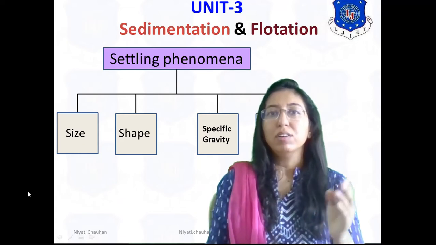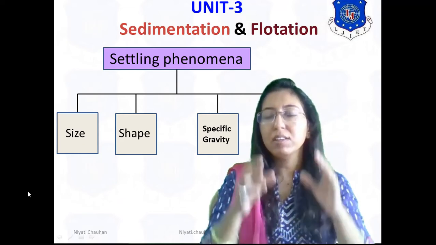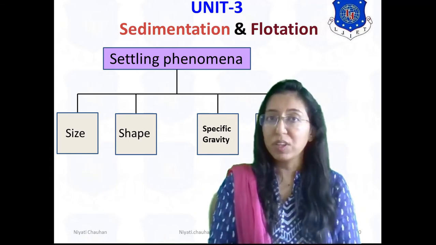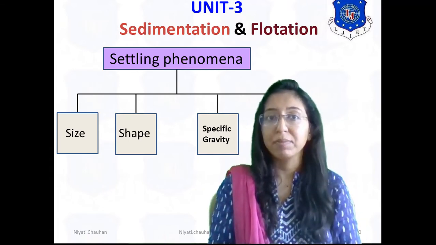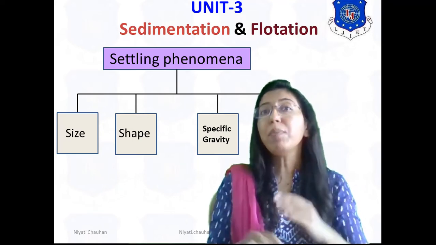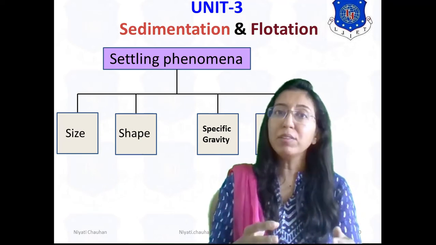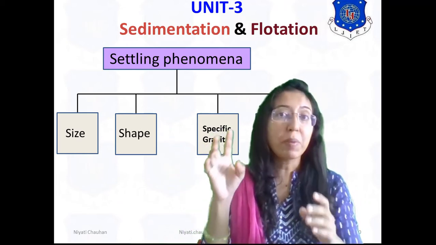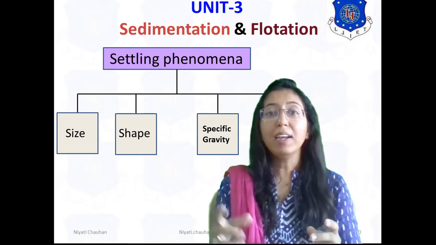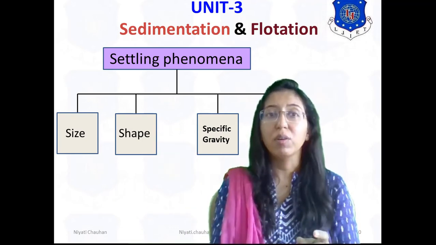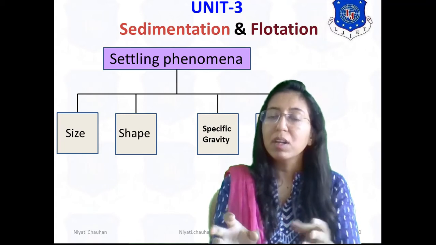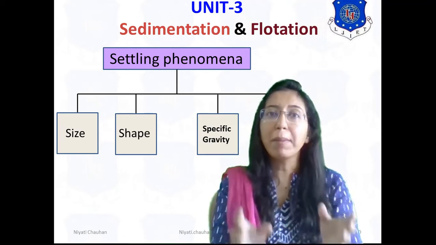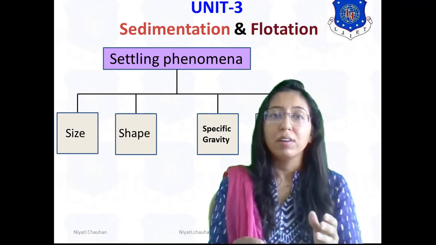Particle size also affects the sedimentation process and settling time. The shape of particles also affects settling time, then specific gravity, and lastly fall velocity. So four factors affect the settling phenomena. Remember that.